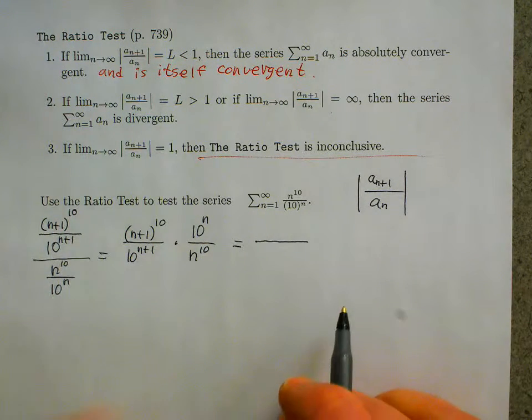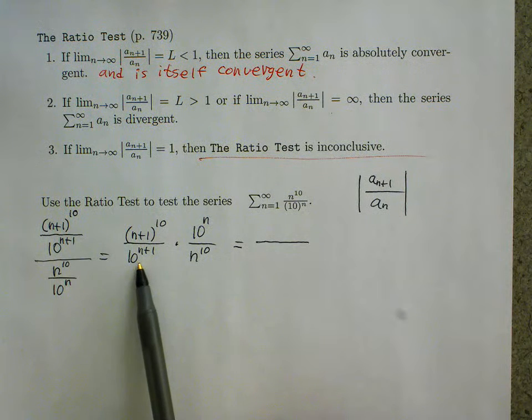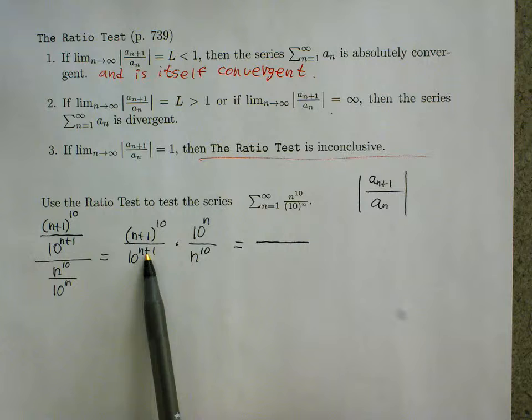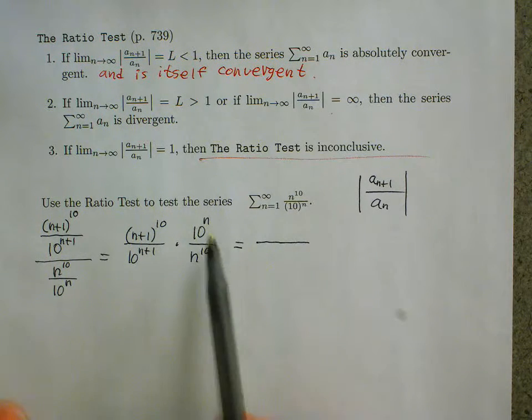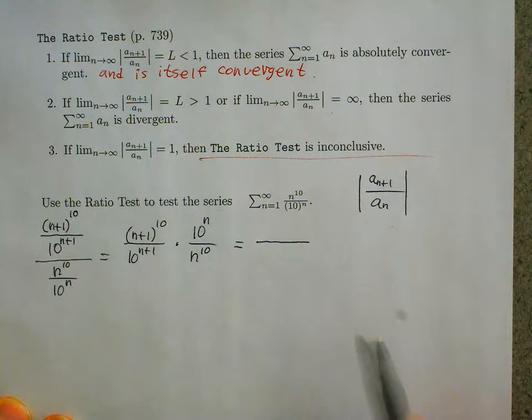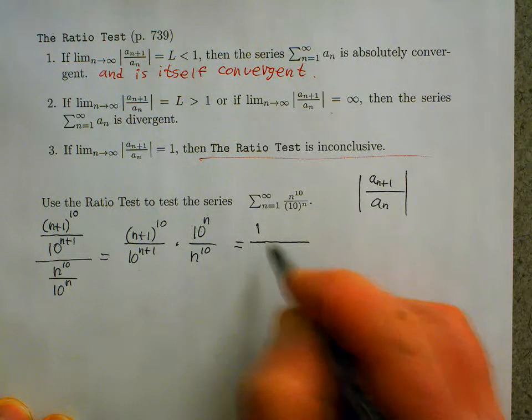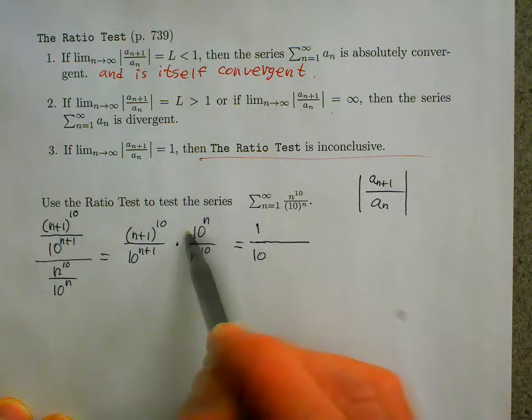Okay, some pretty nice cancellations are going to take place. Notice in the numerator we have a factor of 10 to the nth, and in the denominator 10 to the n plus first. So 10 to the nth divided by 10 to the n plus 1 is 1 over 10, right? So I'll put 1 over 10 for this part.